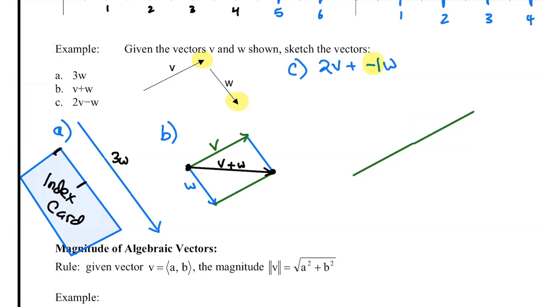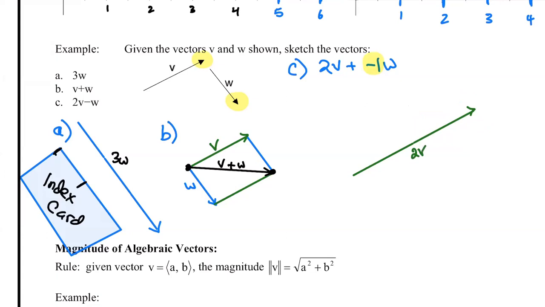And I'll slap a little arrow on it. Try to line it up the best you can. There we go. All right, so that's 2 V's.